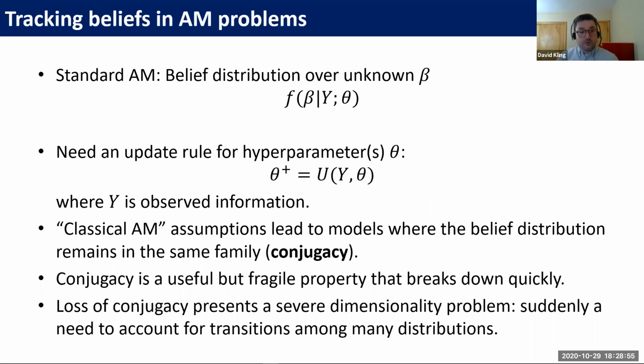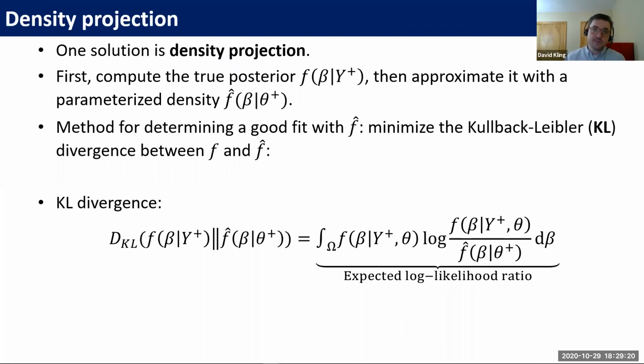But it's fragile and it can break down quickly when you want to address some interesting components of a given problem. And when you have that breakdown, you run into a severe curse of dimensionality. Suddenly you need to, in principle, account for transitions among many different types of distributions, and you run into problems solving the model. So one solution to address this is density projection, which the idea is as follows.